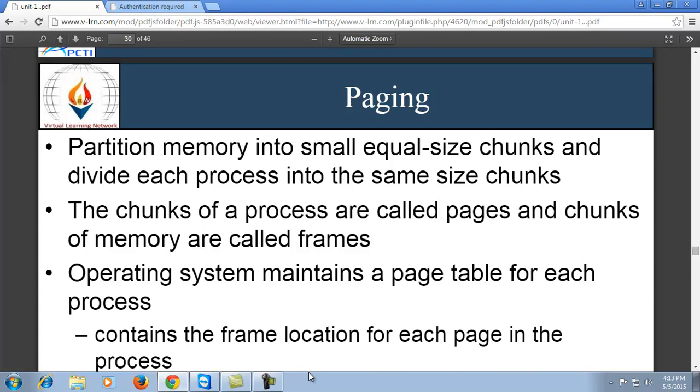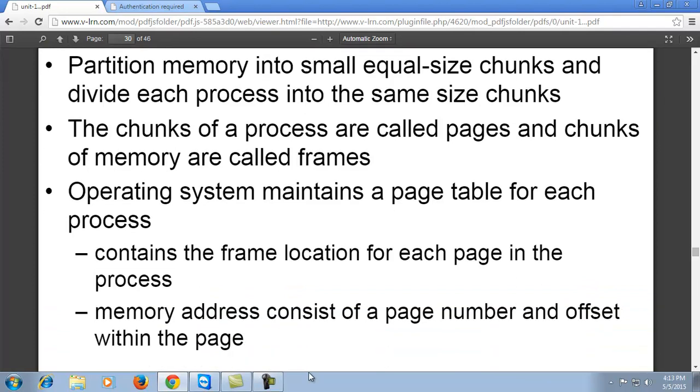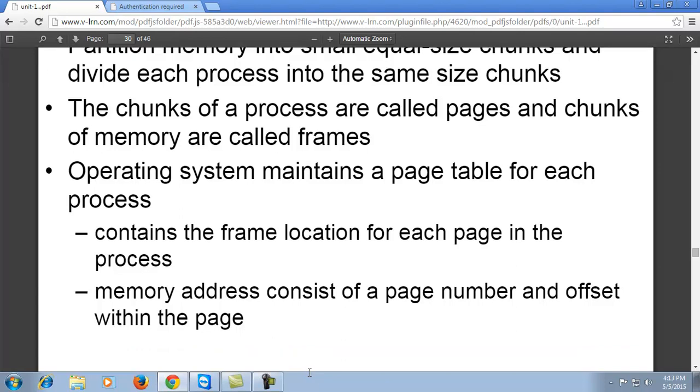The operating system maintains a page table for each process, and every process has some location, some memory address, and an entry for the offset within the page. Every page's information is stored in memory: information about the content, the offset, the location, the page number, and the frame. So lots of information is stored about the pages and the data.